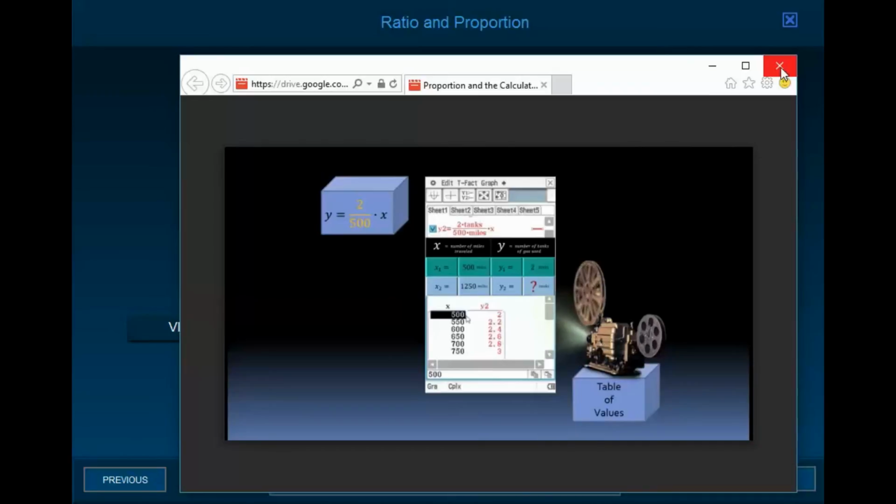We said that we needed 2 tanks of gas for a trip of 500 miles. And if we scroll through the table, we will get the same result for a trip of 1,250 miles as we got by hand. A trip of 1,250 miles requires 5 tanks of gas.